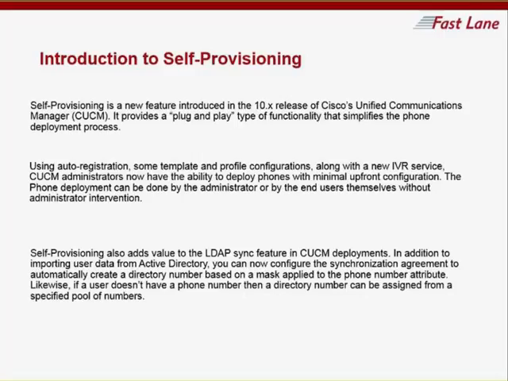Now, they have the directory number, they have no phone yet. So what happens then, everybody, is you can use the self-service IVR to provision the phone, and it maps it to that directory number. Or, if you don't want to use the IVR, you can use the quick phone add, which deploys the phone manually, but using the directory number that's already been created for them.